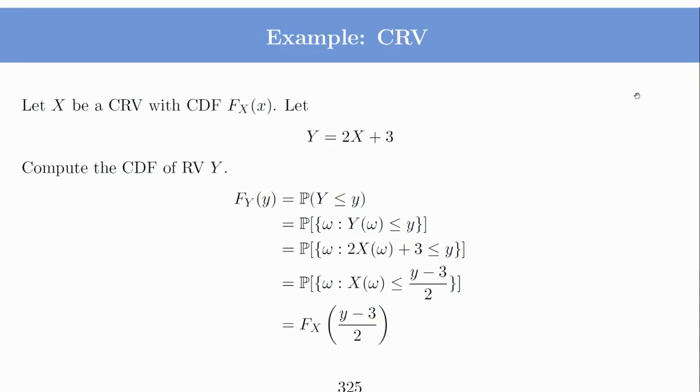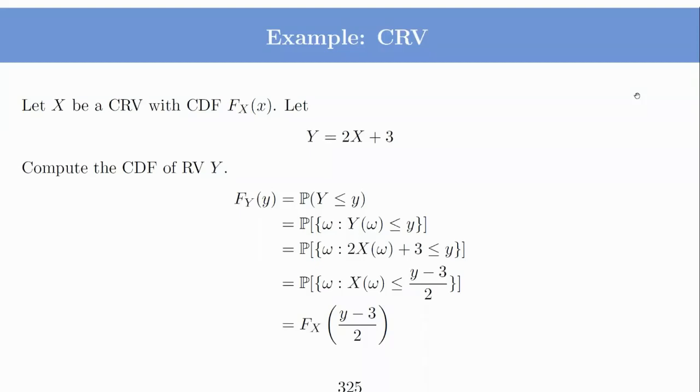If we directly knew the sample space omega and the probability measure on it, and we knew the value of x, then we could directly know the map from omega to y, but that is not known to us. We know the CDF of x.